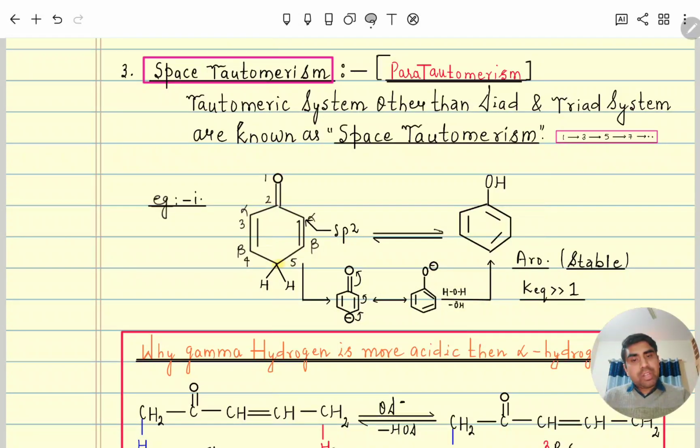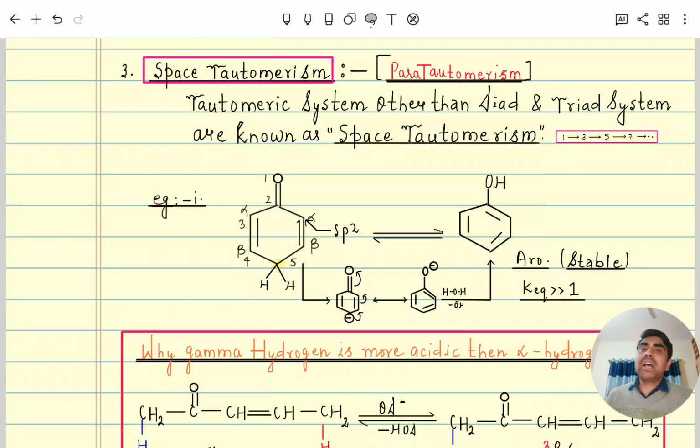So this negative will come here, and then again from water it will abstract H plus and it will become phenol. Means this is not keto-enol tautomerism because this is not an enol system, means this is not keto; this is, you can see, keto diene, like that. So yes, this is alpha-space tautomerism, means when the alpha carbon is not sp3, then we will migrate to the fifth position, seventh position, and so forth.